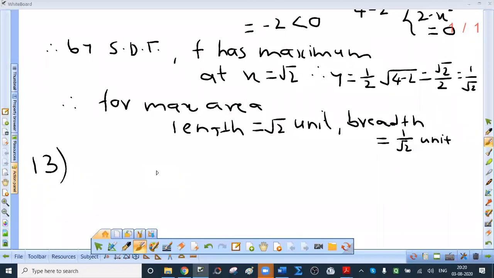Let x be the radius of the base and h be the small h for hockey, h be the height of cylindrical tank.